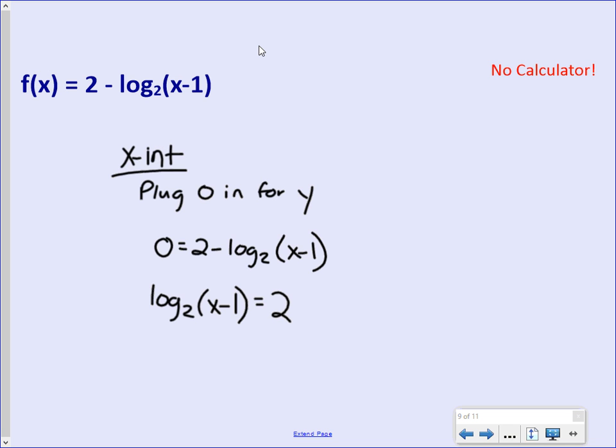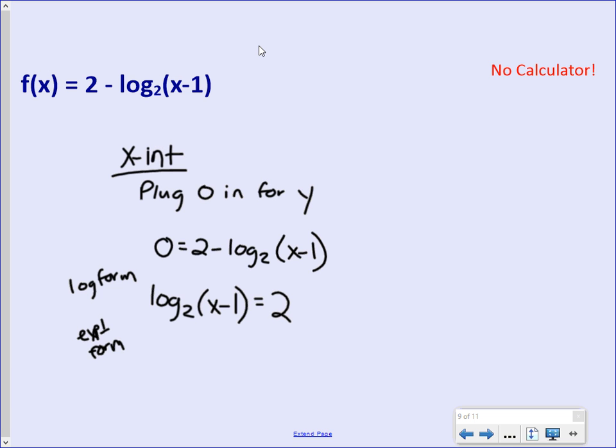Okay, I heard Lauren is giving me the step and then Zach is explaining the step. Now that you have a log all by itself, you can't undo any of this stuff. Like you can't divide by 2, you can't add 1, none of that stuff's going to work for a log. So it's in log form, change it to exponent form, is what Zach is saying.